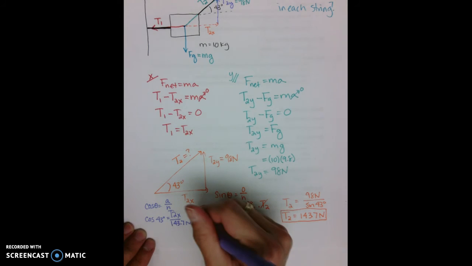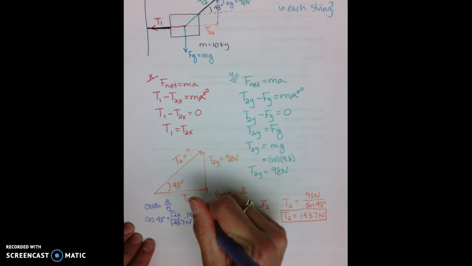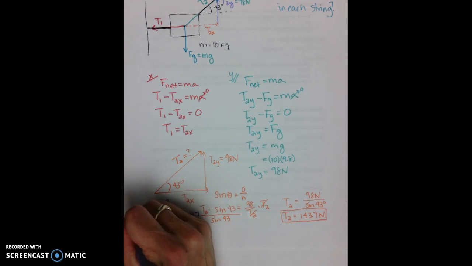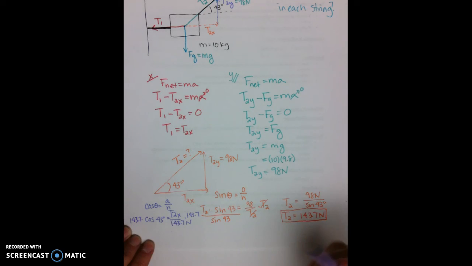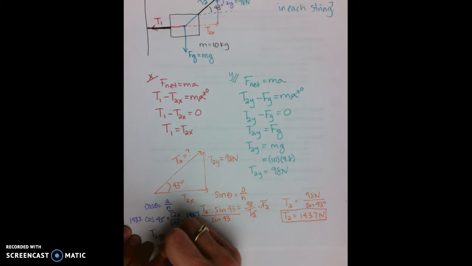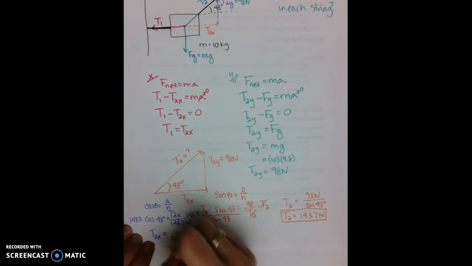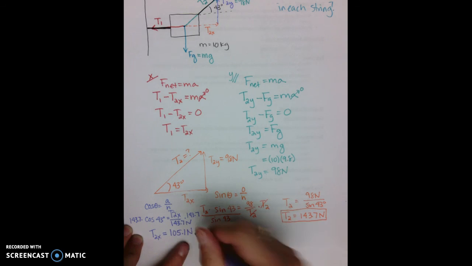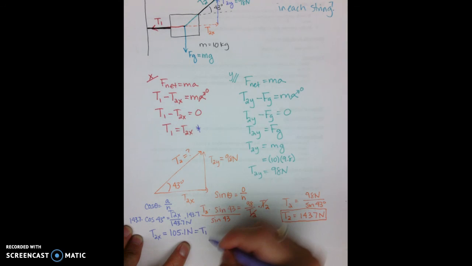Multiplying both sides by 143.7 to get it out of the denominator, I end up with T2x equal to 105.1 newtons. And that's also what T1 equals, based on this equation here.